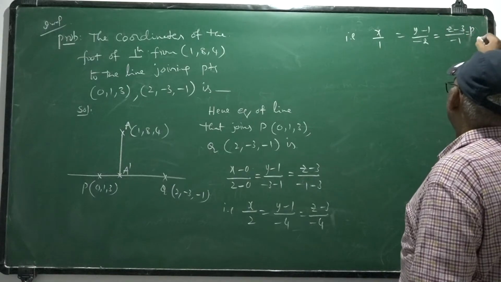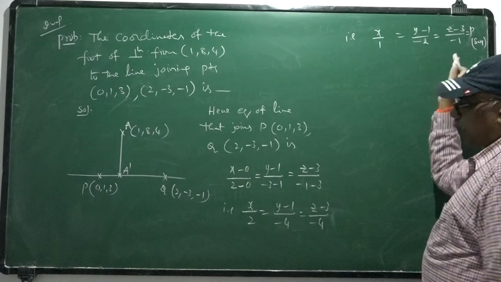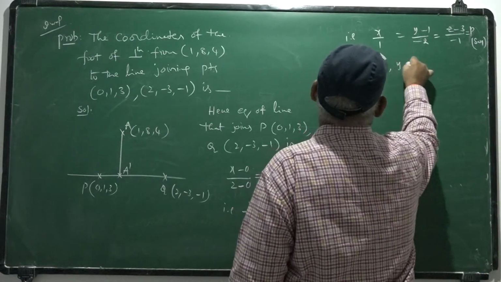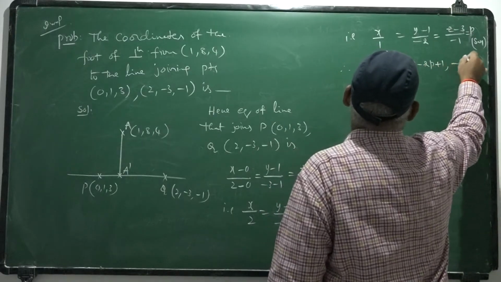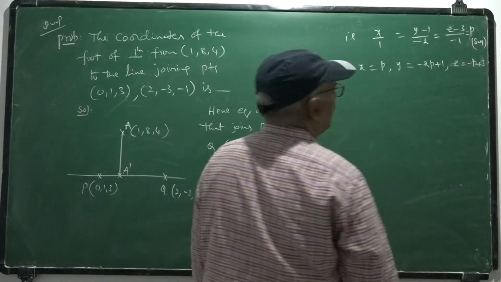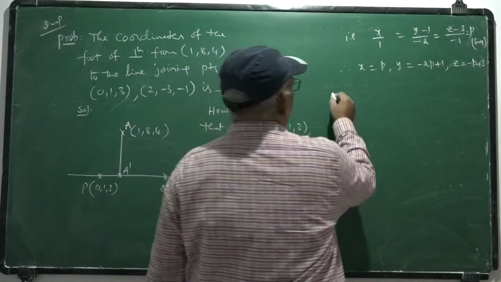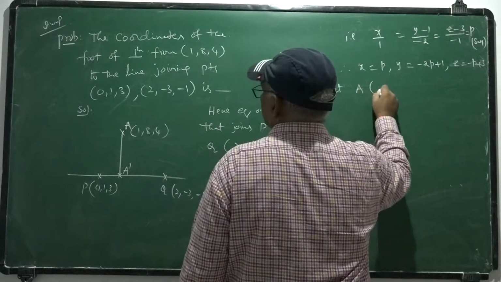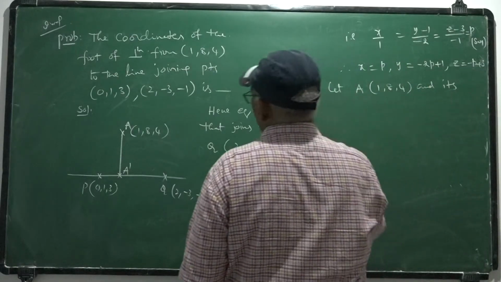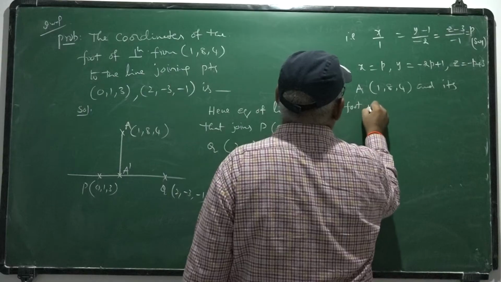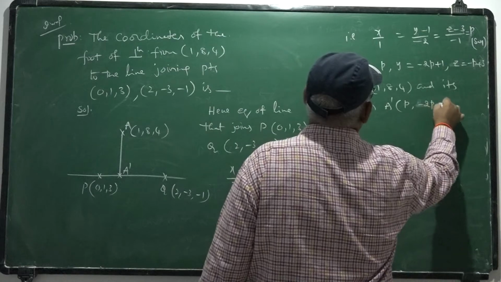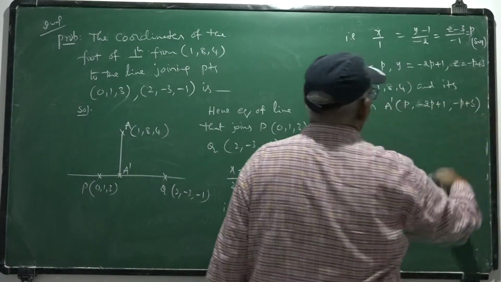Let the proportionality constant be P. So x takes the value P, y takes the value -2P + 1, z takes the value -2P + 3. So let us assume A is (1, 8, 4) and its foot is A dash, which is nothing but (P, -2P + 1, -2P + 3).